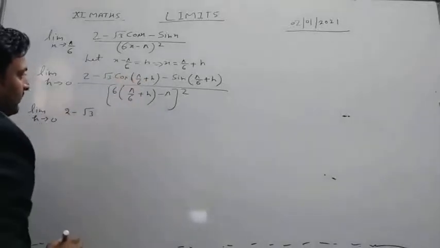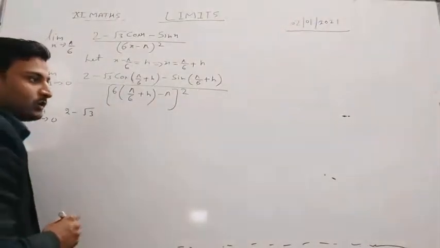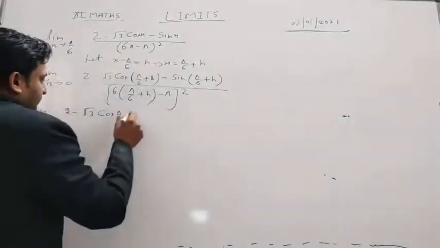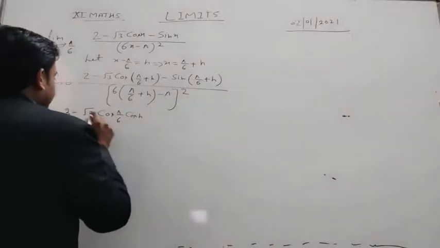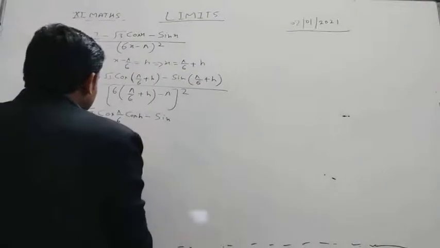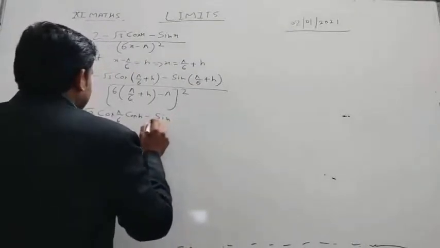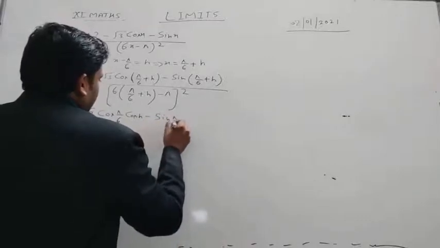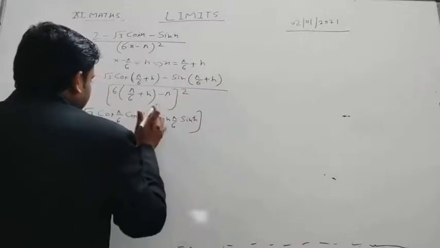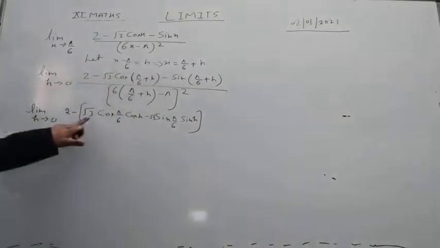Okay, students. Now we will expand this limit. This is cos(a plus b), so we write the formula of cos(a plus b): cos a cos b minus sin a sin b. This is root 3, so we write root 3 with both terms.